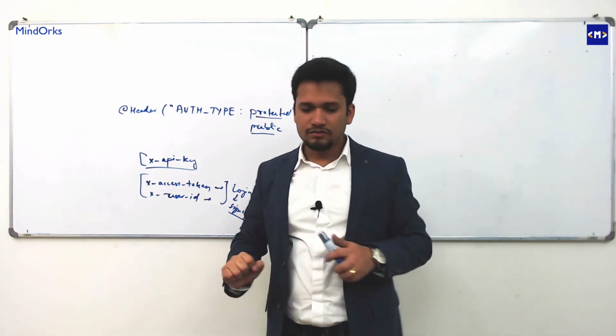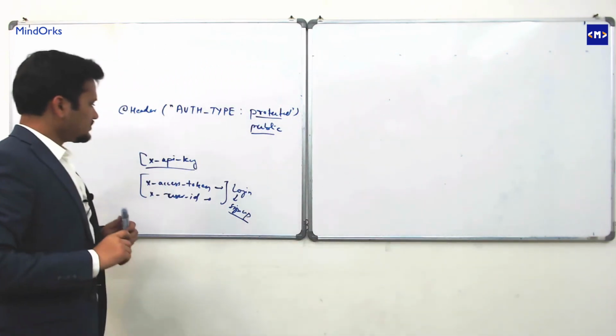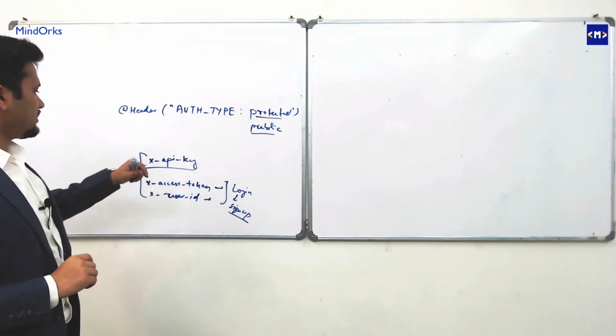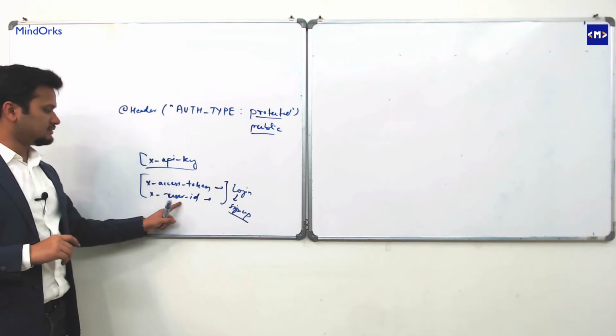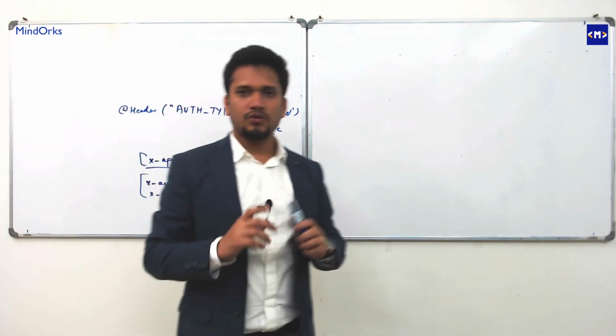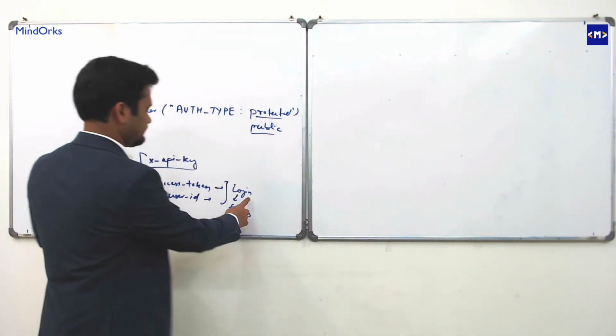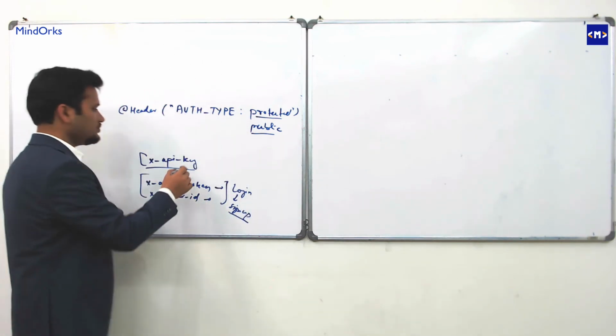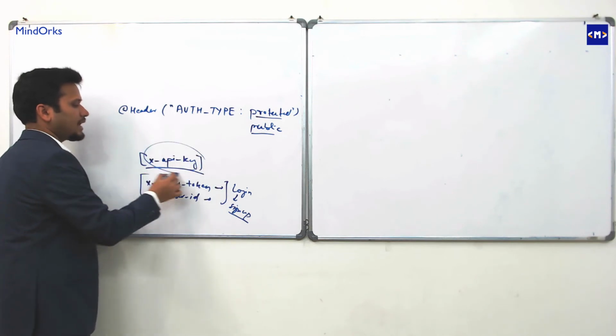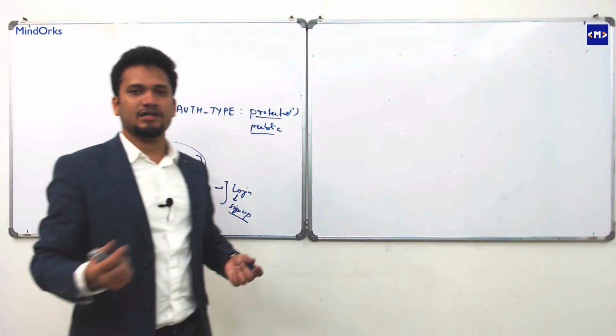Now let me tell you something about interceptors. Before that I will tell you something more about this. When you log in or sign up, you receive three things. The API key you have when you build your application, it is supplied by us to you.